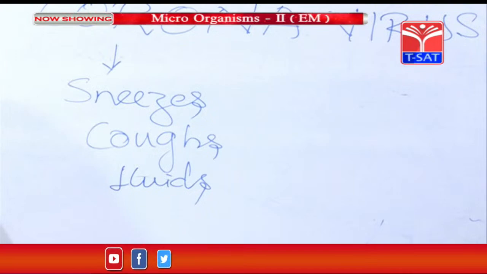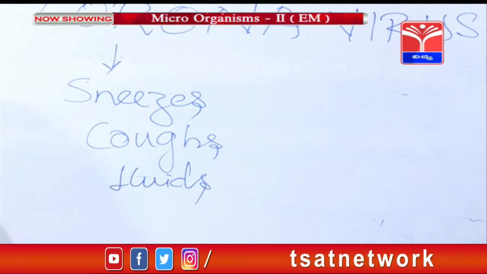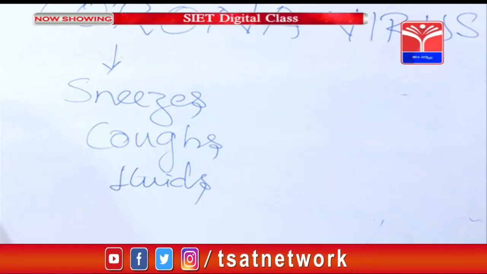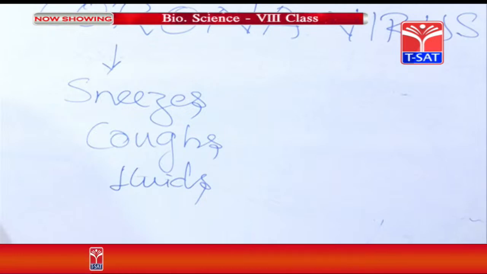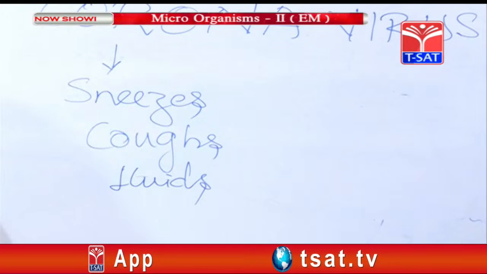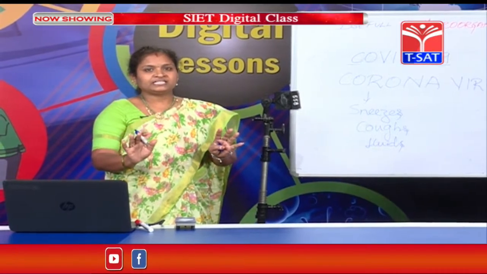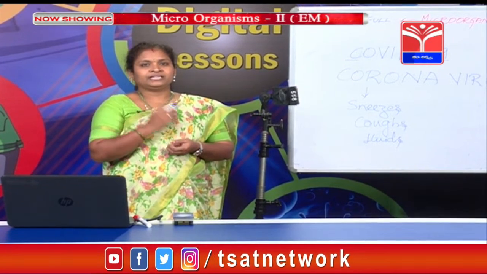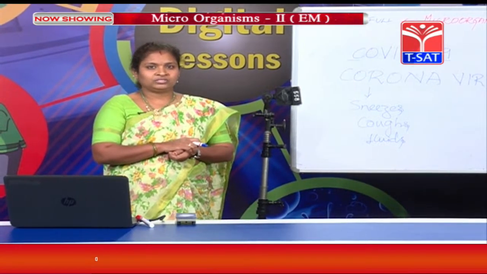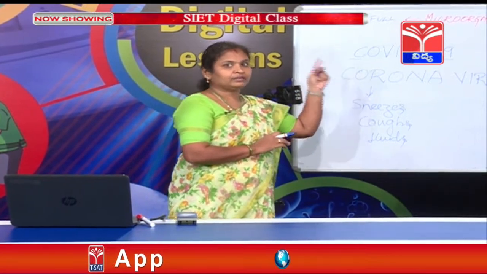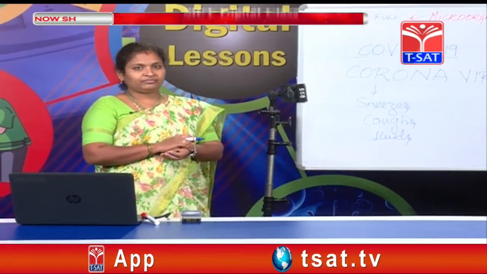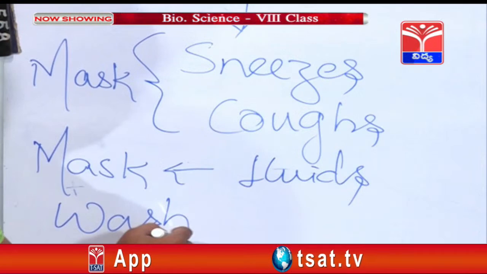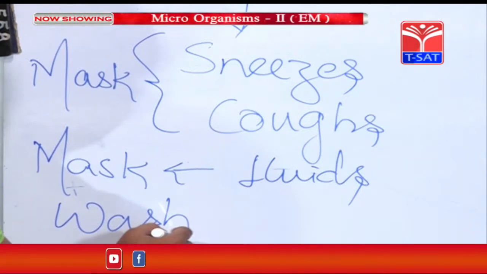When a healthy person comes into contact with a diseased person who sneezes or coughs, or any fluids of his body fall on a healthy person, and the healthy person touches the fluids and puts them in his mouth or nose, then the coronavirus enters the healthy person. So, we have to be very careful to avoid sneezes and coughs of the diseased person.